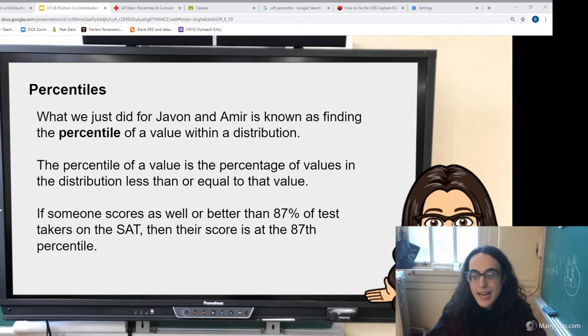And the doctor might say, okay, your kid is at the 74th percentile for weight. That means that this kid is as heavy or heavier than 74% of kids their age, but that means they're also less heavy than 26%, right? The complement that would get us up to 100%. So this is how we interpret percentiles.